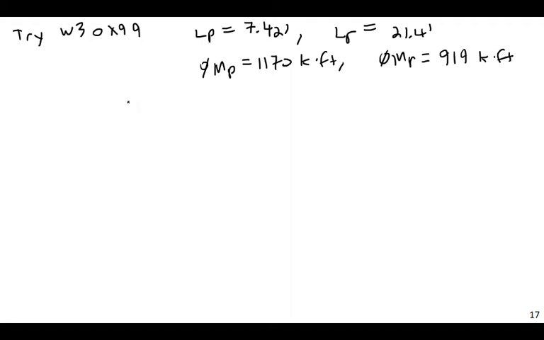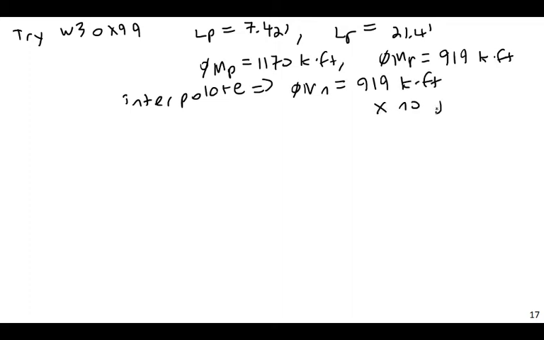And if I interpolate this time, I get that phi MN is equal to 919 kip feet. And again, we are no good. This is still not going to work. So I'm going to try a third time and go to the next higher group, a W 30 by 108.